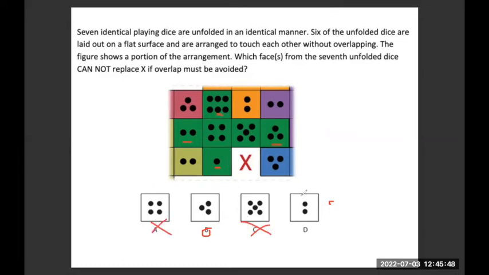Which will come, 3 or 2? For that, how do we guess it? I have just one suggestion for you. Look at the way 2 is placed, and look at the way 3 is placed.